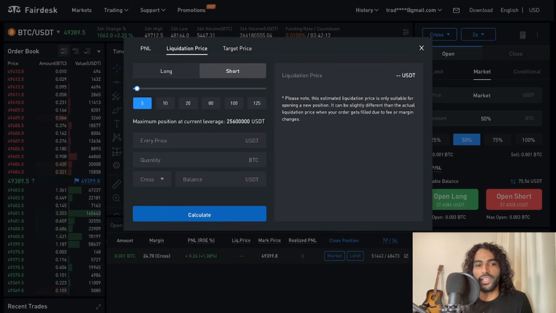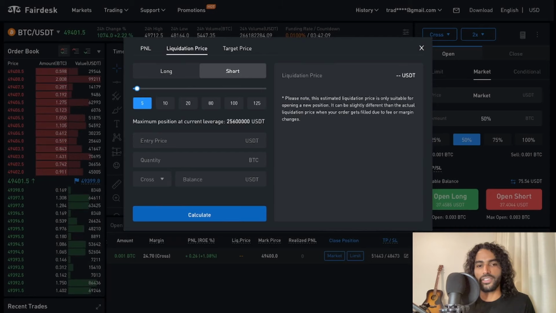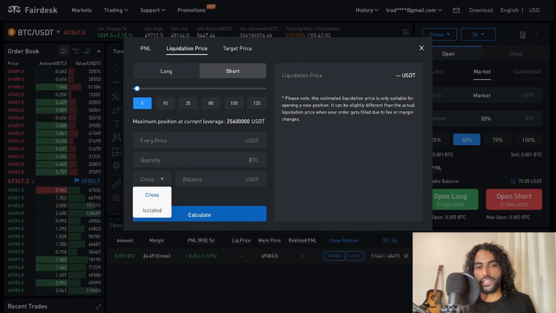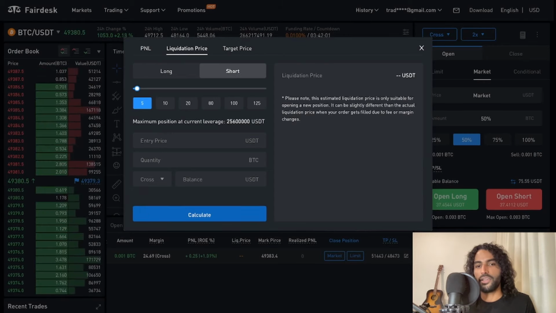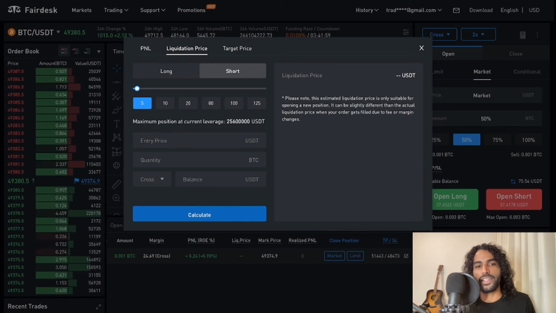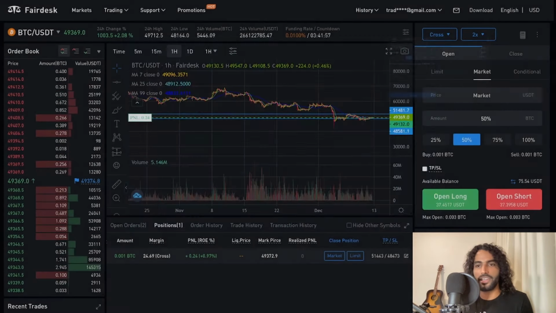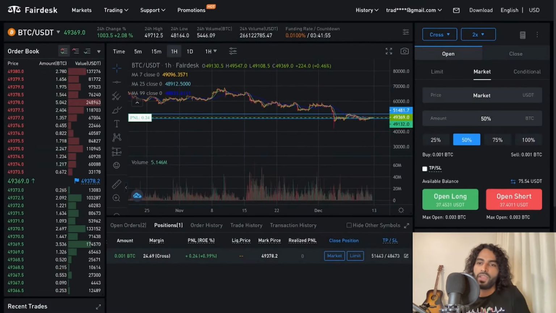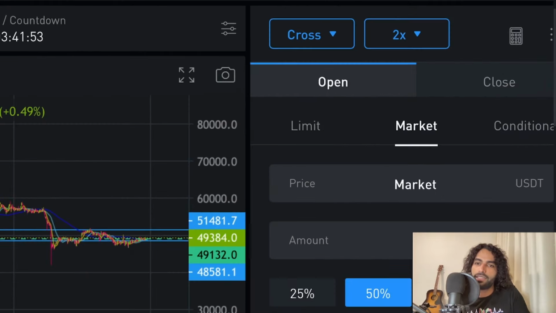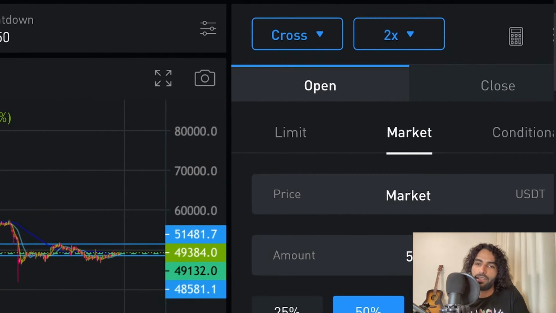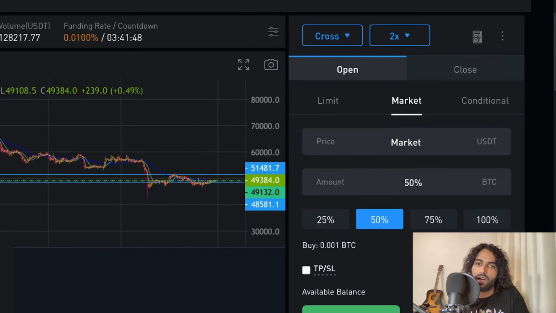Okay, so here you can see the entry price. You put the entry price, let's say 50,000 as well, the quantity of how much you bought for BTC, cross or isolated, and here the balance, and you calculate and you can see when you get liquidated. So this is great, good to use the calculator, and the calculator is here near the cross and the margin indicator.